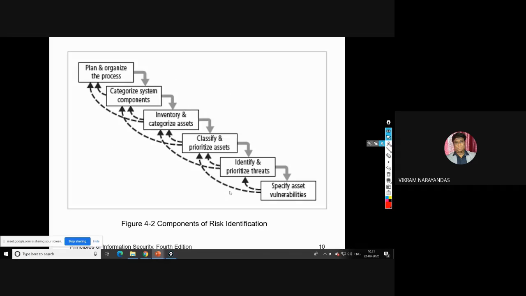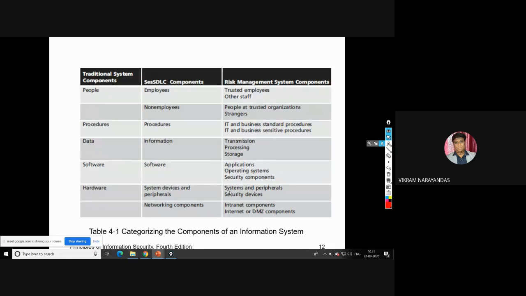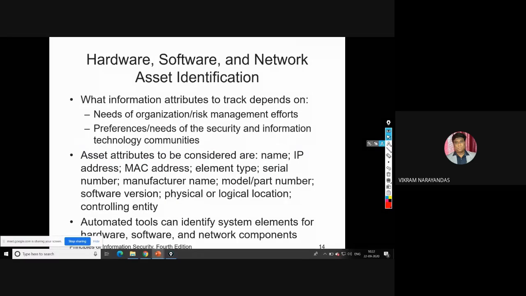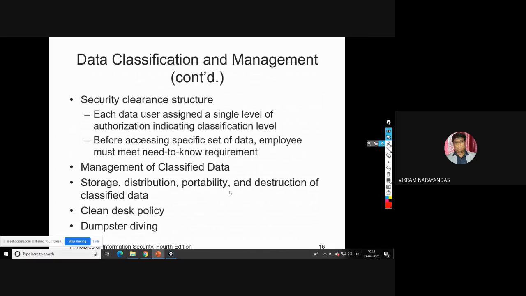And what are the components of information security, how do we characterize them? It may be people, employees and non-employees. All this we have discussed in previous classes: people, procedures, and data identification, hardware, software, network asset identification, data classification and management, up to the clean desk policy.